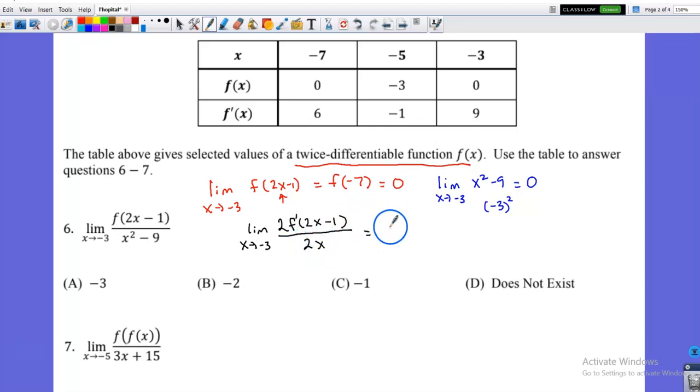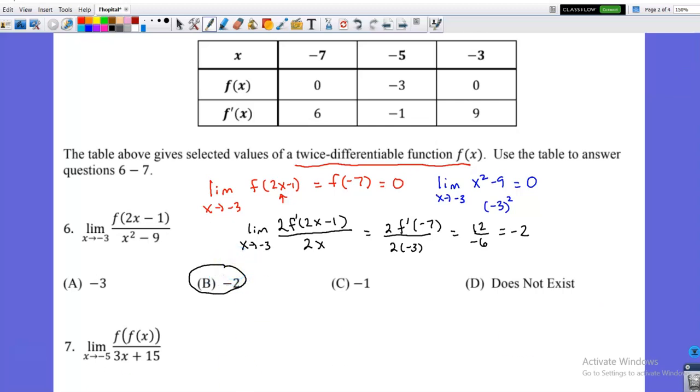Now I can substitute -3, which will give me 2f prime of 2 times -3 minus 1, which is -7, over 2 times -3. From the table above, f prime of -7 is 6. 2 times 6 is 12. 2 times -3 is -6. And 12 divided by -6 is -2, which is letter B.